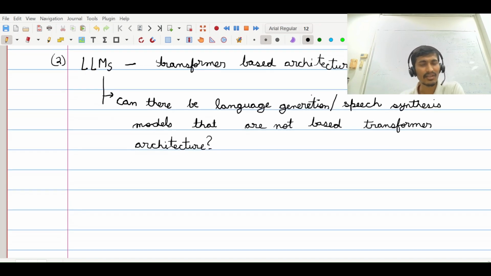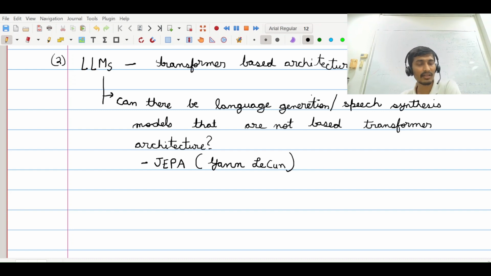Okay, so yes, there are other architectures which people have suggested, like a joint embedding predictive architecture, called JEPA, which was suggested in a paper by Yann LeCun.